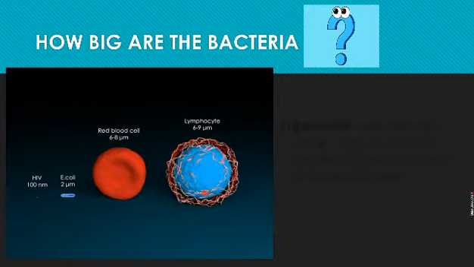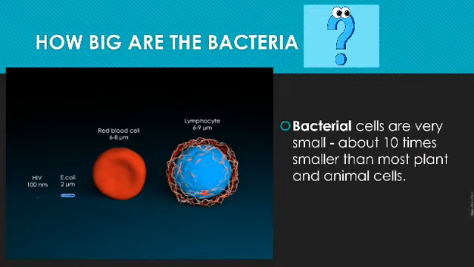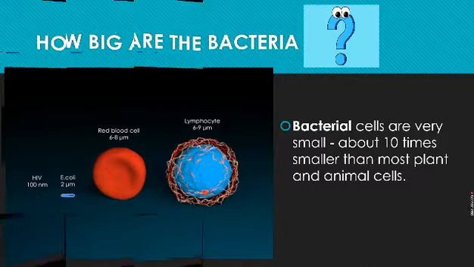The bacterial cells are very small and they are about 10 times smaller than most plant and animal cells. They cannot be seen with our eyes. We need instruments like microscopes in order to see the bacterial cells.